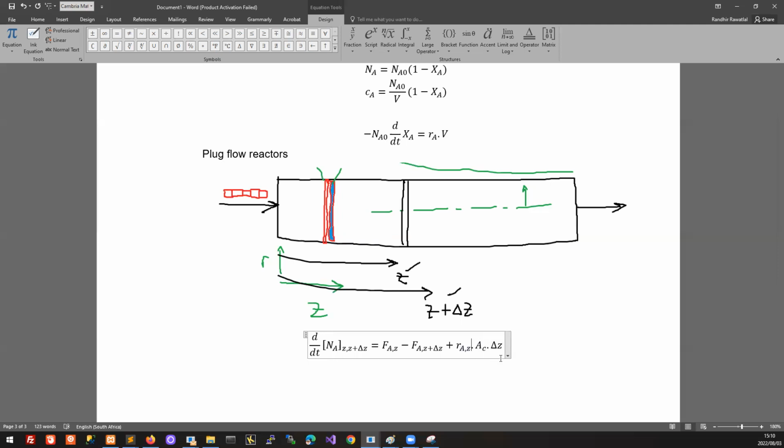There is a little approximation that we are making here also. We are taking the reaction rate in the sliver as being the rate at the left edge, right? When we say RA at Z, that's the left edge of the sliver, whereas we should really be averaging between RA at Z and RA at Z plus delta Z. But of course, we'll take that as the approximate rate, and then we'll let delta Z go to 0, and then it becomes exact, right?